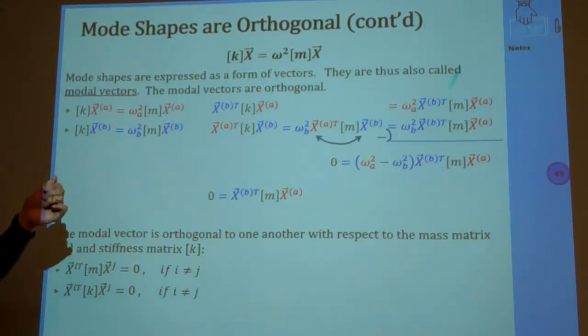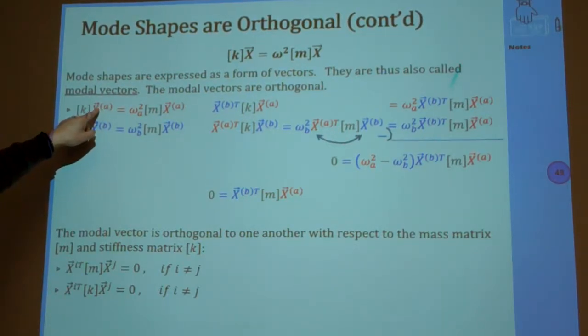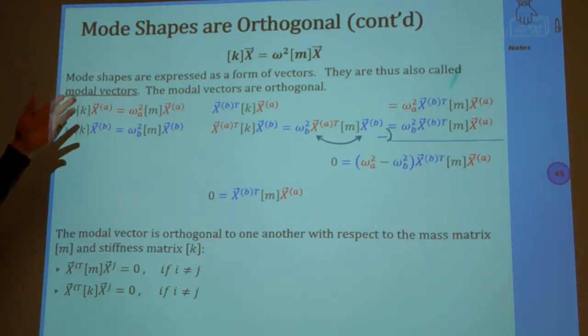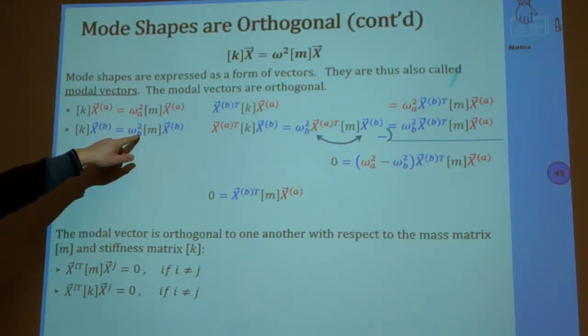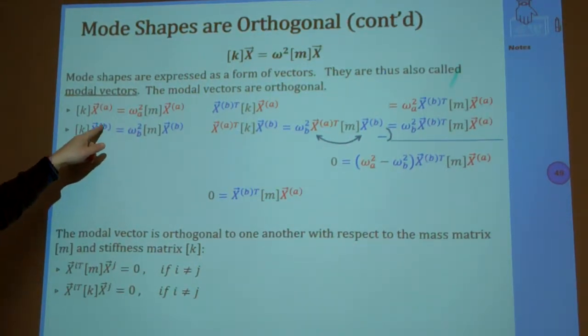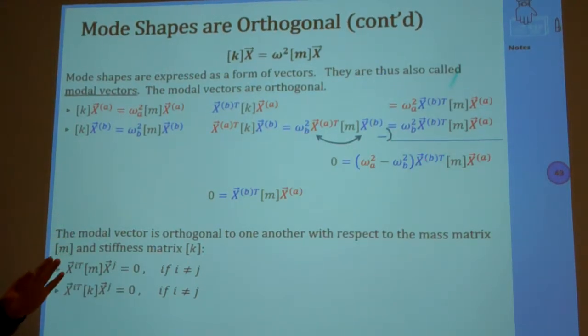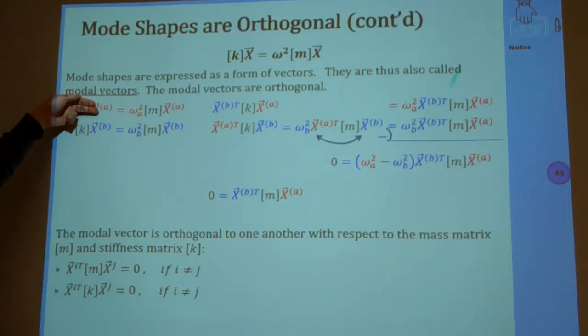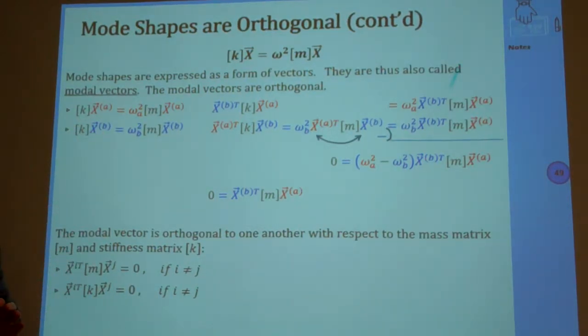So this one corresponds to the natural frequency omega A, and the corresponding modal vector I denote with parentheses A. In a similar way, following the same pattern, with a different natural frequency B, I use B. Here I use color coding to distinguish: this corresponds to one mode, and this corresponds to a different mode. So that is the starting point.